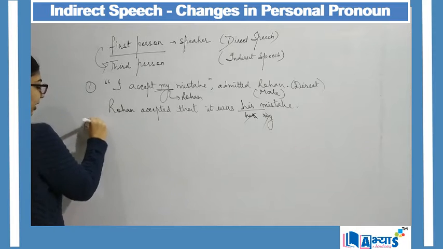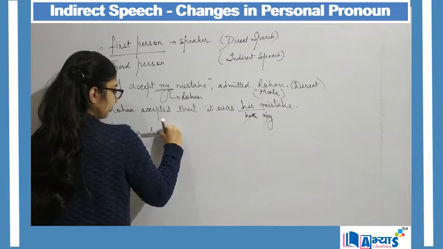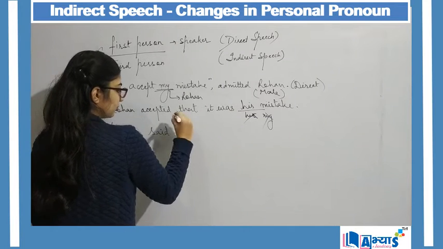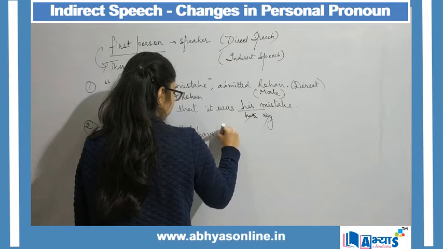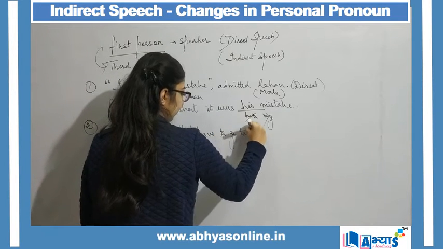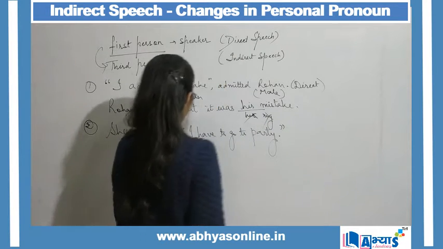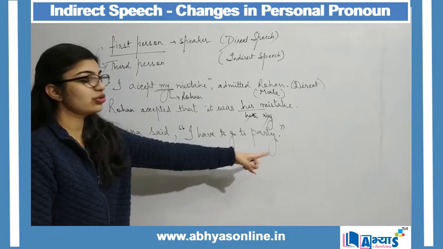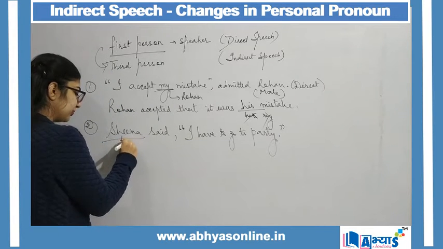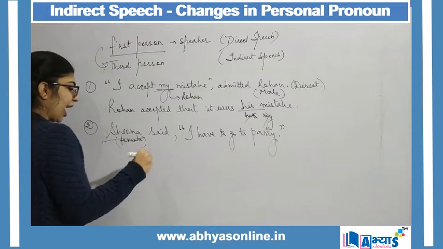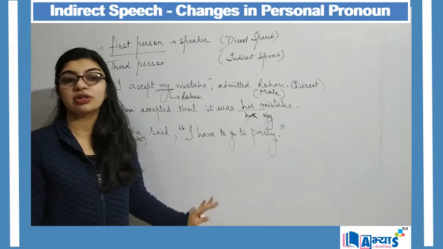Another example can be, Sheena said, "I have to go to party." Now we know that Sheena is a female. And while converting from direct speech to indirect, we know that the pronouns will also change.